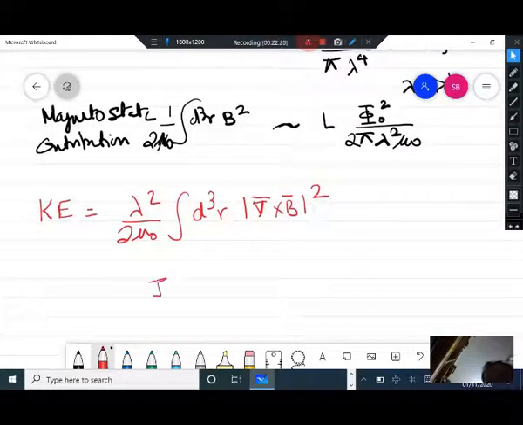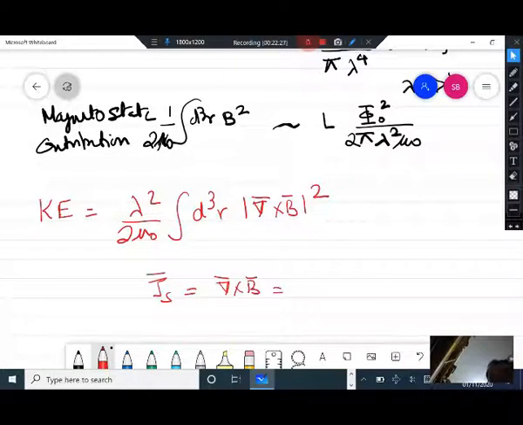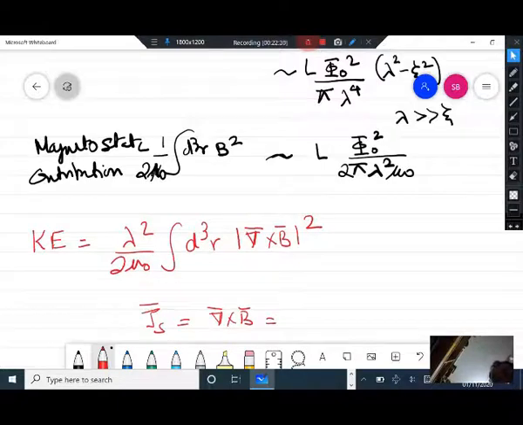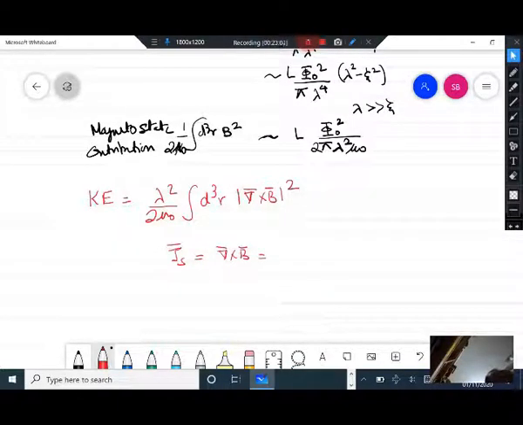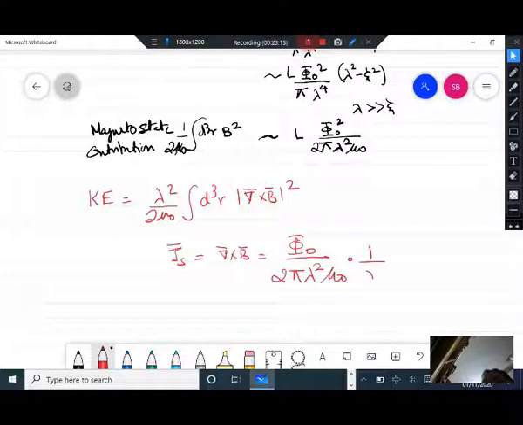And if you recall Js, which is curl of B, we had already shown, was equal to phi naught by 2 pi lambda square mu naught into 1 over r. It goes as 1 by r, and there was a theta cap.